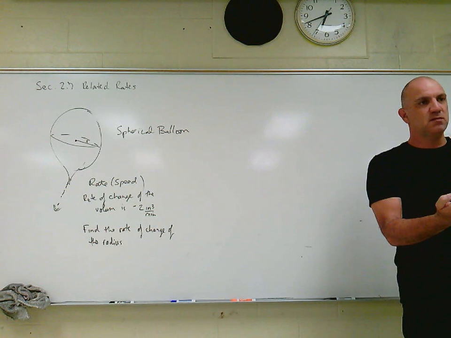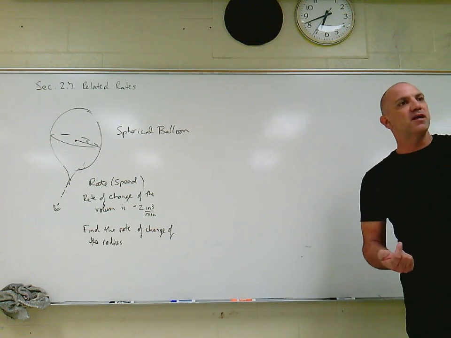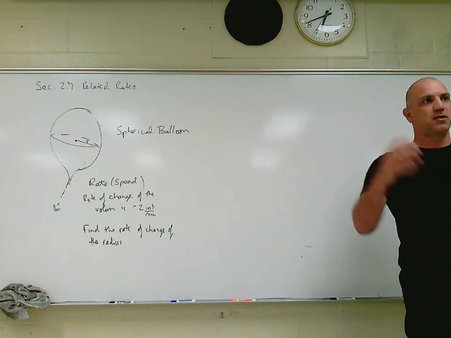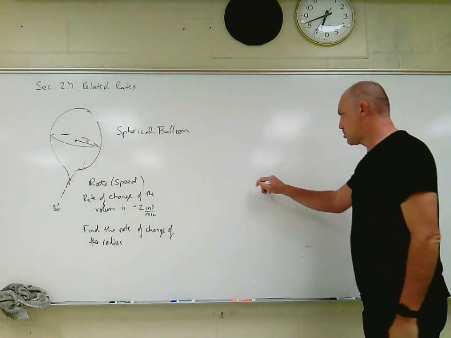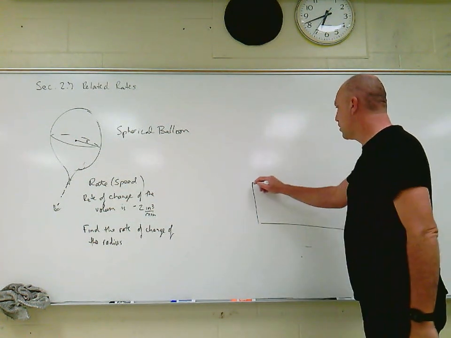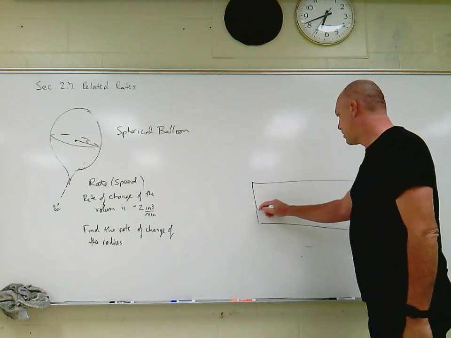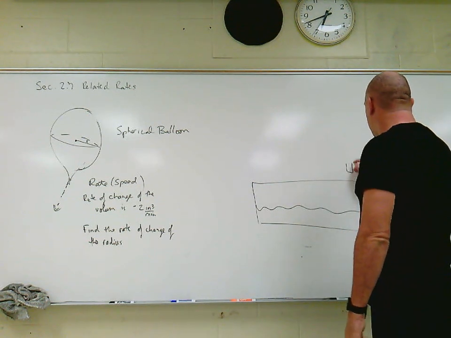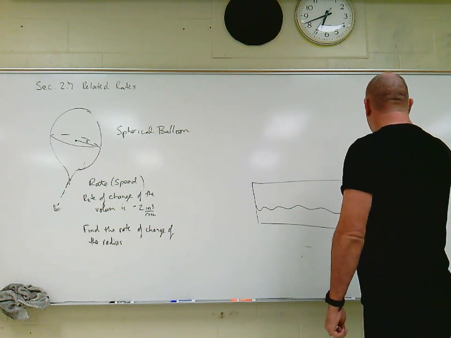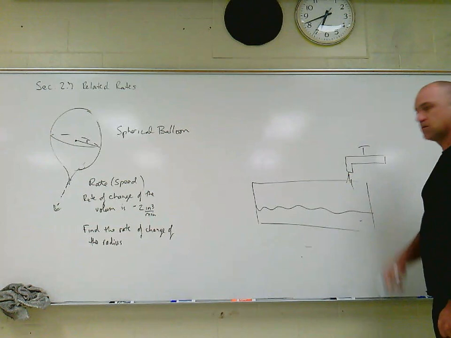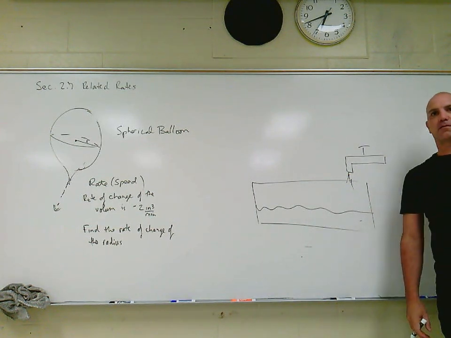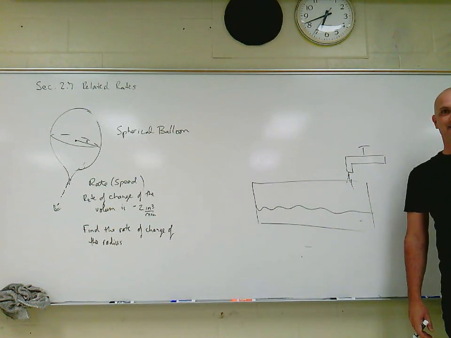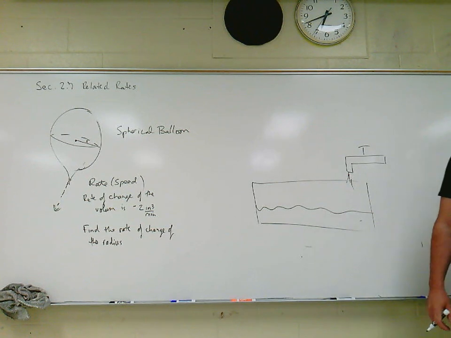At this moment, if the air is going in this fast, how fast is the radius changing? Another situation that I remember as a kid, that sticks out to me that now we can use calculus to compare. Who else filled up a bathtub before? All right, or watched a swimming pool fill up.